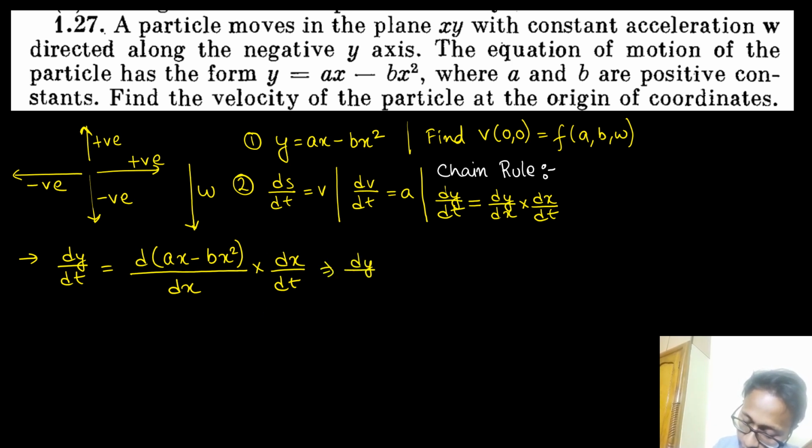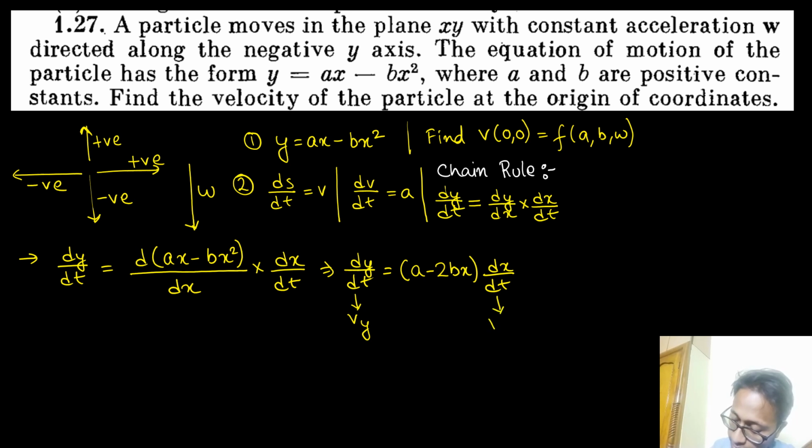If I differentiate this expression with respect to x, what do I get? a minus 2bx, so a minus 2bx into dx by dt. Understood this one? Now what is dy by dt? dy by dt is nothing but vy, and dx by dt is nothing but vx, the y component of velocity and the x component of velocity. So I can rewrite this equation as vy is equal to a minus 2bx into vx.